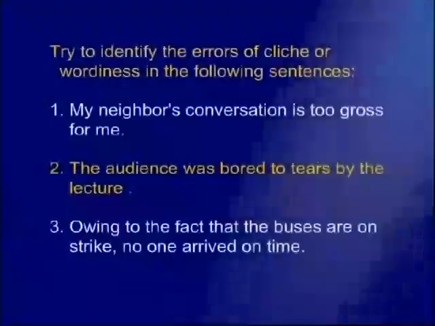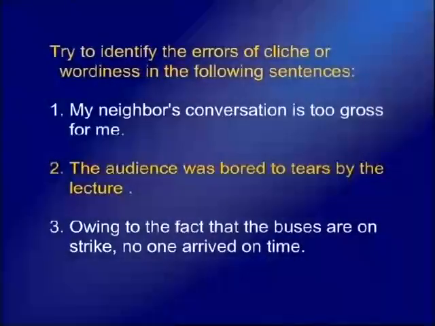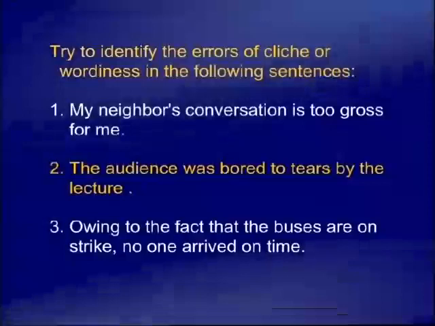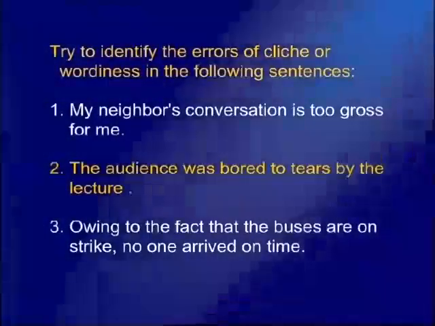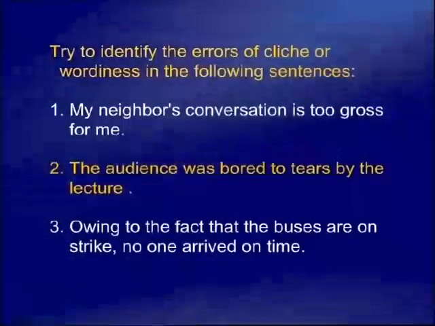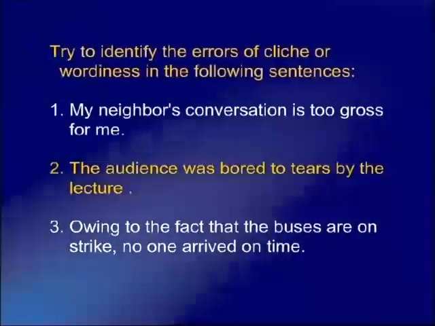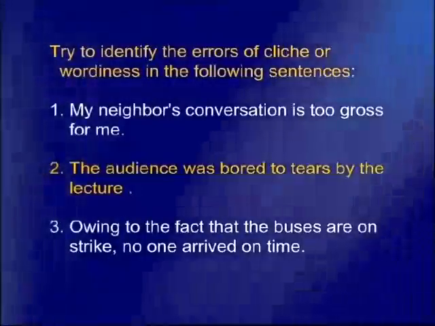Now, to help you develop your skill in choosing words effectively, we will do a short exercise. See if you can identify errors of cliches or wordiness in the following sentences. And if you feel like, you can rewrite the sentence. Number 1. My neighbor's conversation is too gross for me.